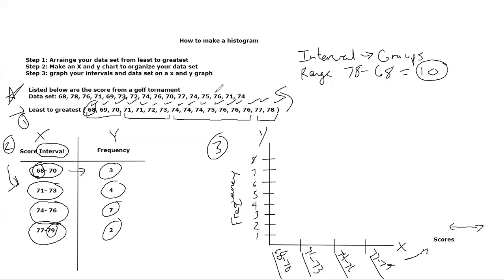The first one, the score interval of 68 through 70, has a frequency of 3. So I'm going to start in this line here, and I'm going to go up to 3. I want to connect it. Okay, that wasn't bad at all. What about 71 through 73? Well, I have 4, so I'm going to start this next line.